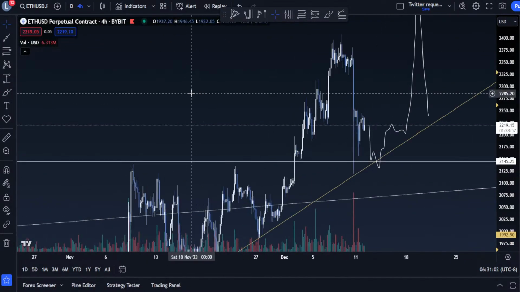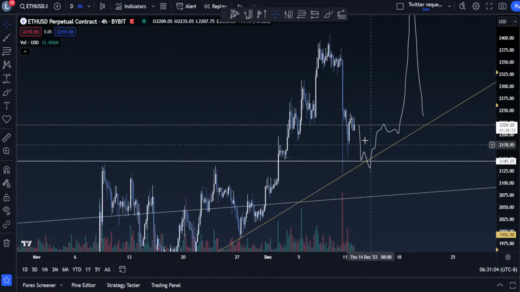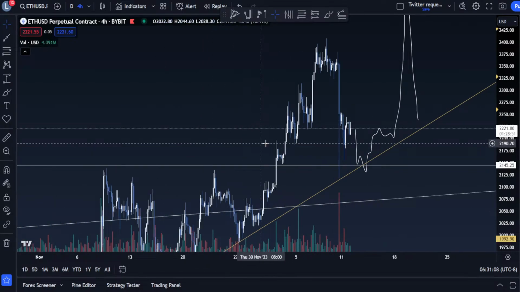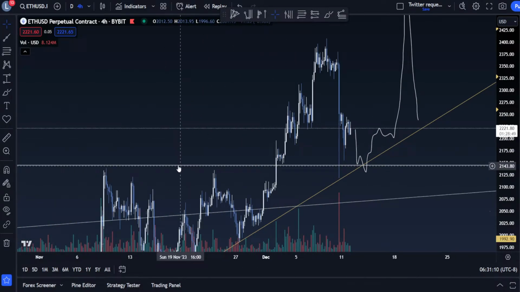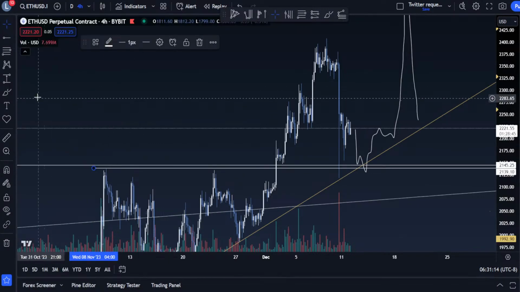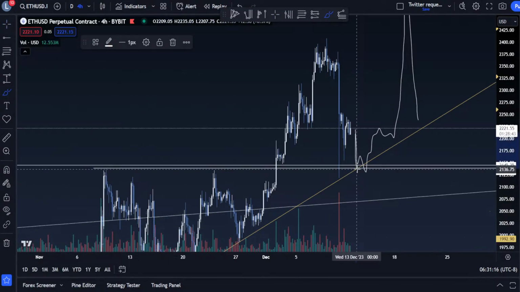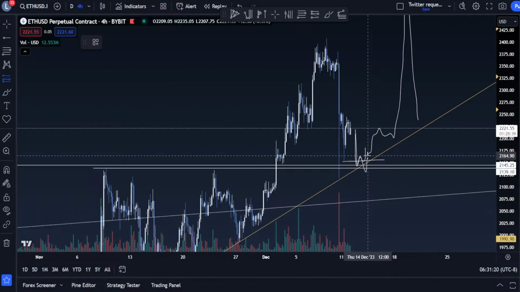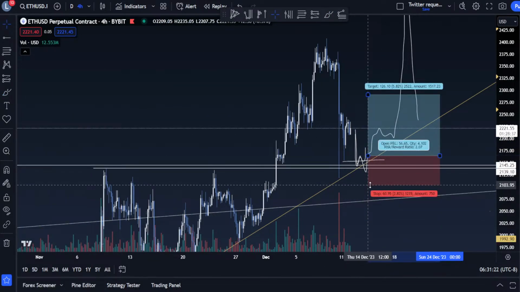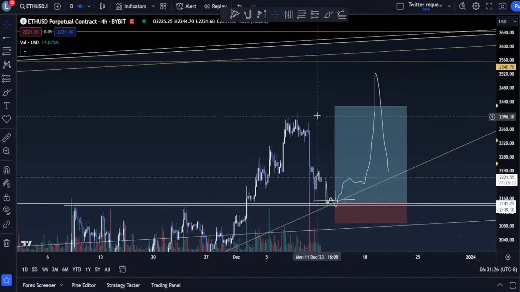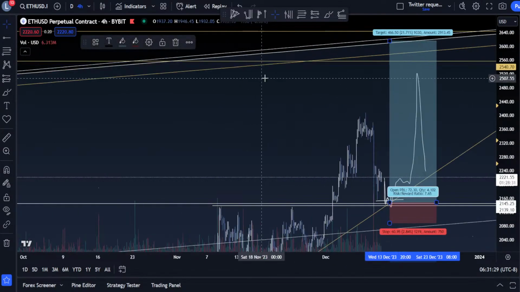If I wanted to try a long on ETH, not thinking about lower, I have this nice little sweep here. Maybe if we could come and just sweep this wick into this trend line, we could target up into this channel.